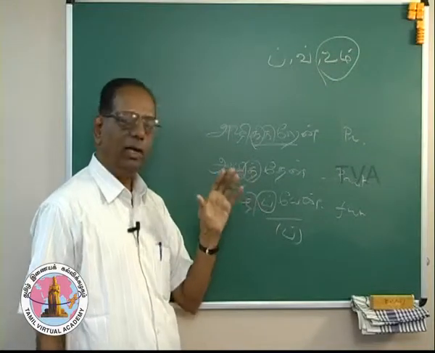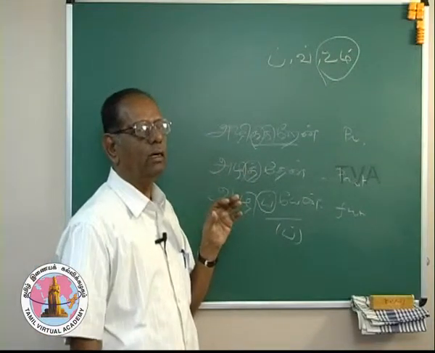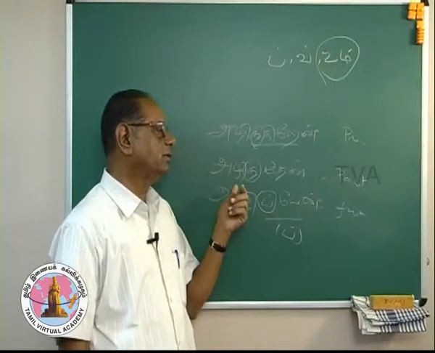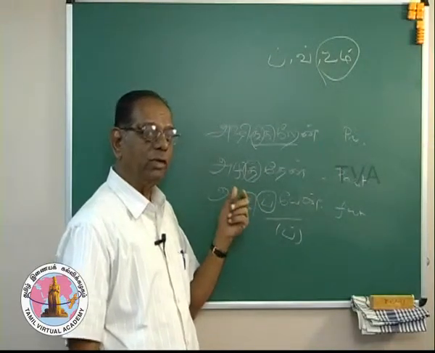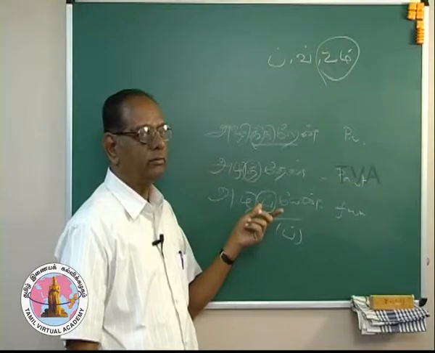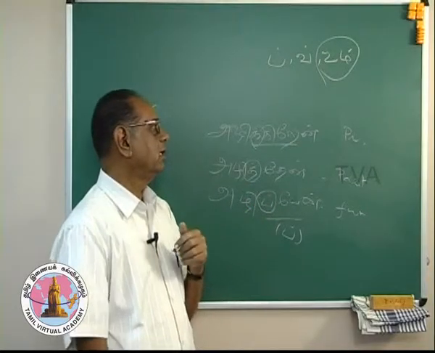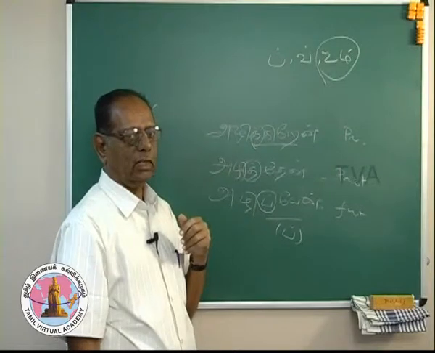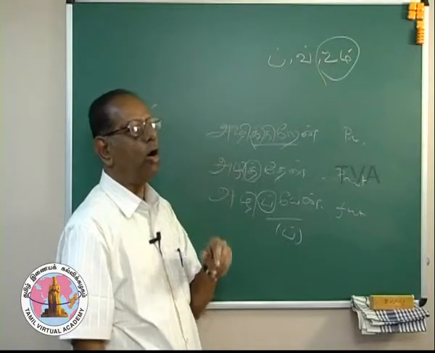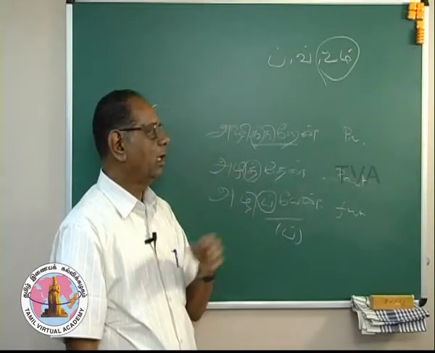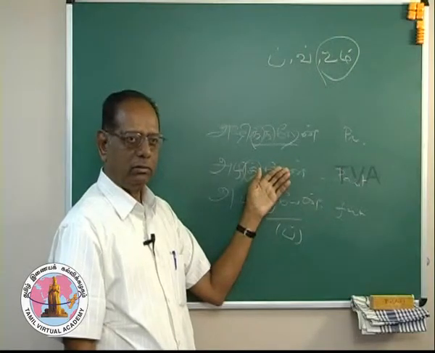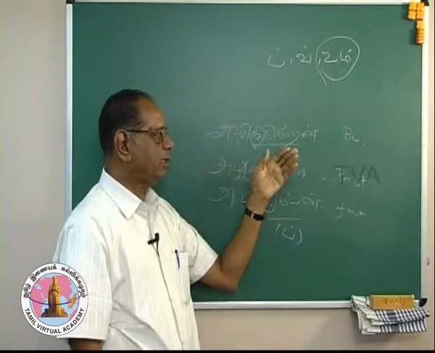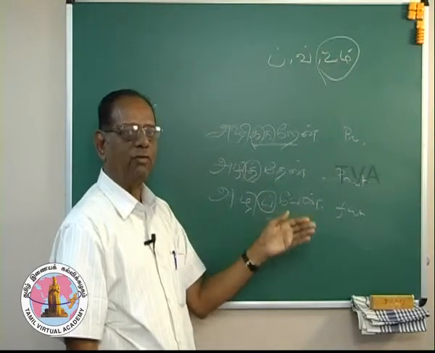Now, shall we arrive at a formula and apply it to other verbs and also find out whether it is right or wrong. The verb in the transitive form will have a change whether it is present tense or past tense or future tense.